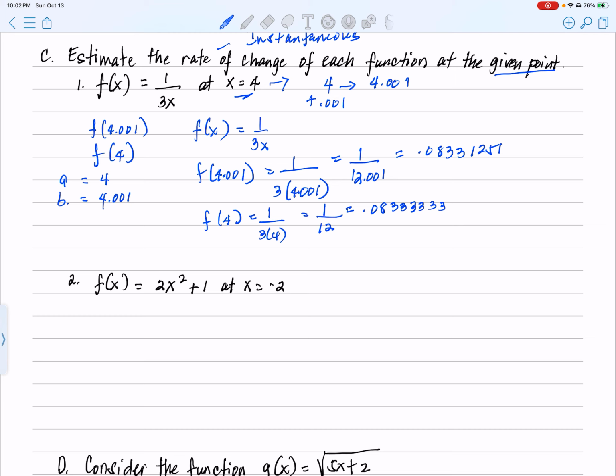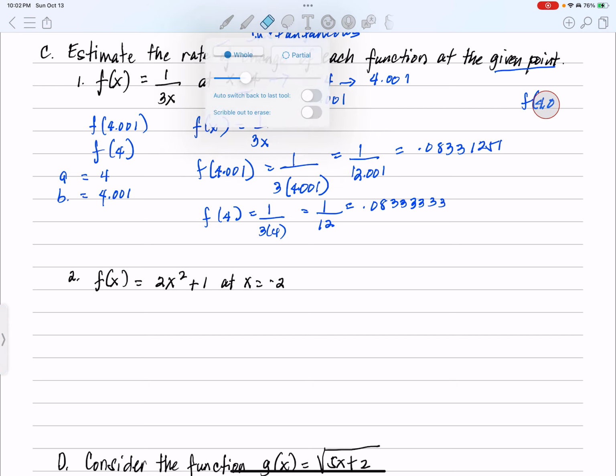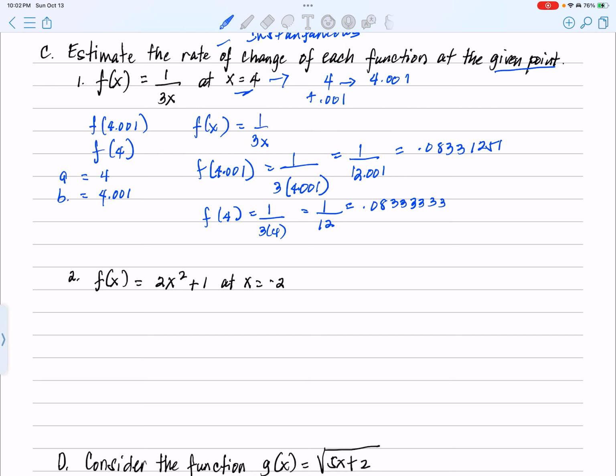All right. What is going to happen? So I will set up my rate of change here: f of 4.001, minus f of 4.